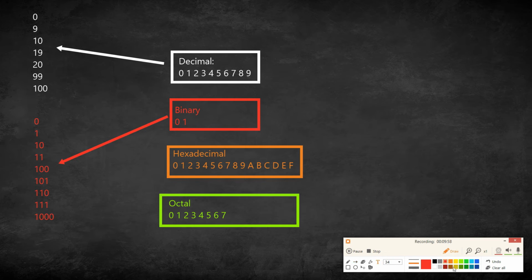Now hexadecimal, it's the exact same. So 0, 1, 2, 3, 4, 5, 6, 7, 8, 9, and then you have A, B, C, D, E, and F, and then we go through the whole sequence, and the next value will be the same thing. So 0, 1, and then it will become 10.